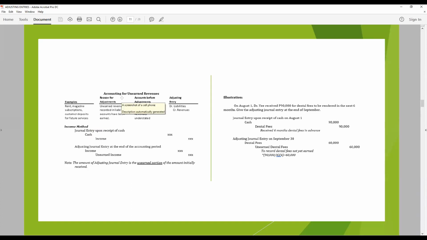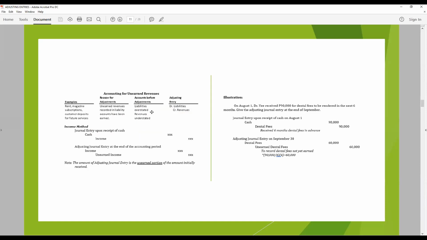So reason for adjustment, unearned revenues recorded in liability accounts have been earned. So na-earn nyo na, so you need to adjust. Accounts before adjustments, so your liabilities are overstated. Overstated kasi ni-record nyo siya initially as liabilities lahat. Pero portion of those are already earned.